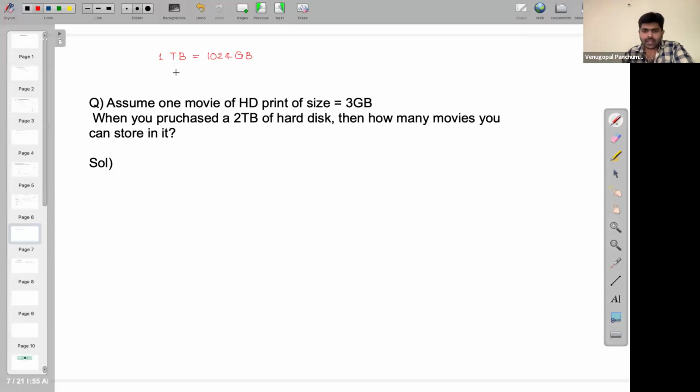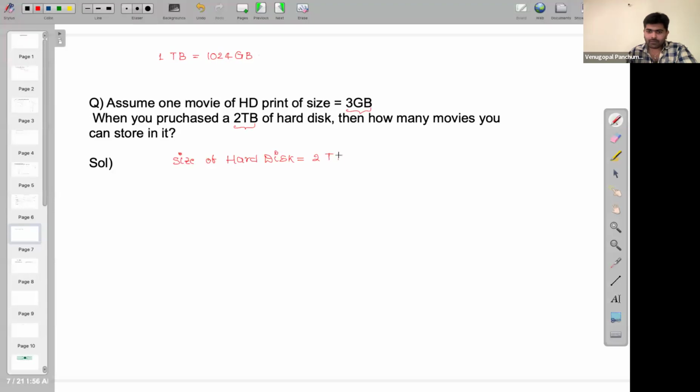They are saying here, convert everything into one same unit. The movie size is in GB, but our hard disk size is in TB. So convert our hard disk size also into GB. Size of the hard disk is equal to 2 TB.